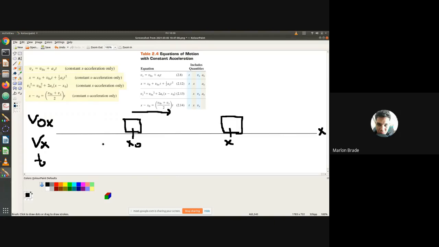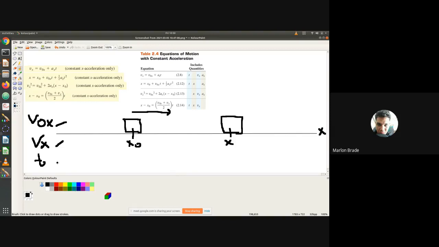So, any questions? v naught x is the initial velocity of the particle, the velocity of the object at the time that it is at point x naught. vx is the final velocity of the particle, the velocity at the time that the object is at point x, and t is the time it takes for the object to move from point x naught to point x.